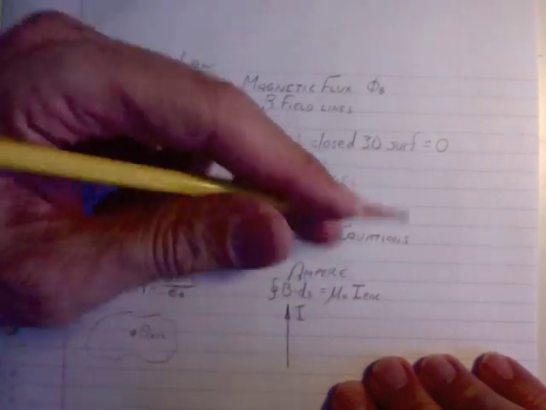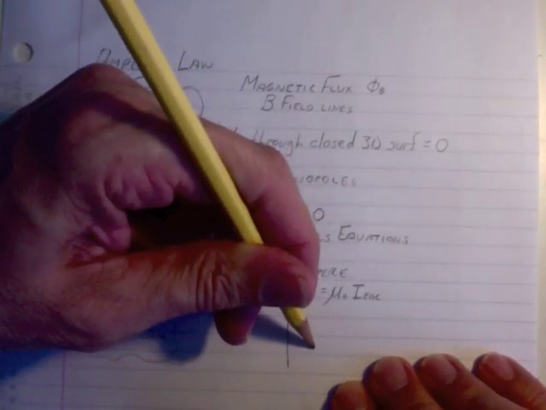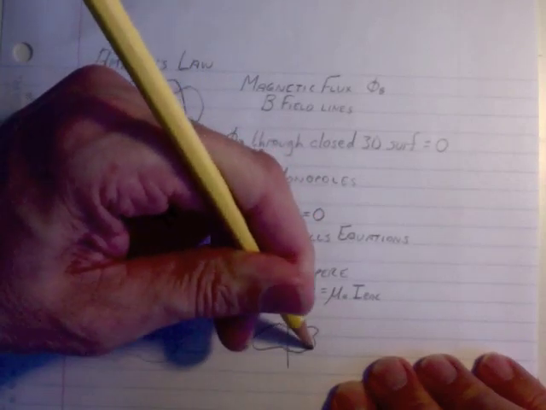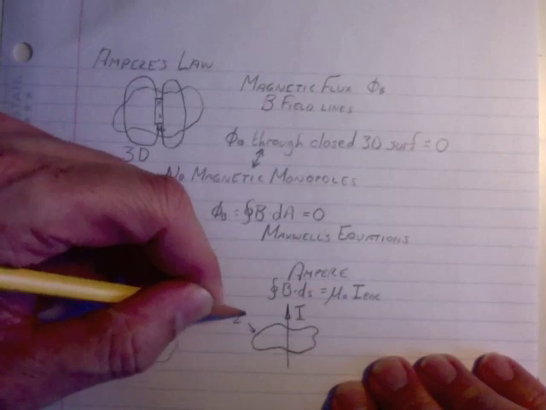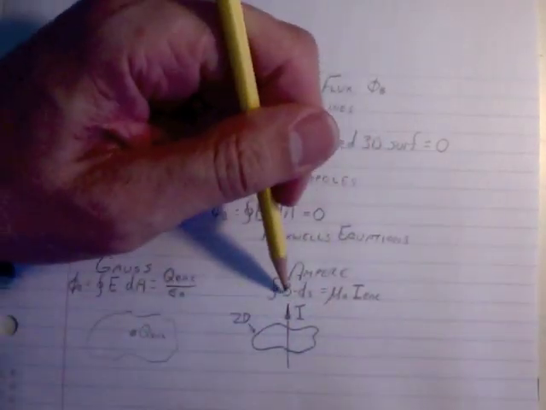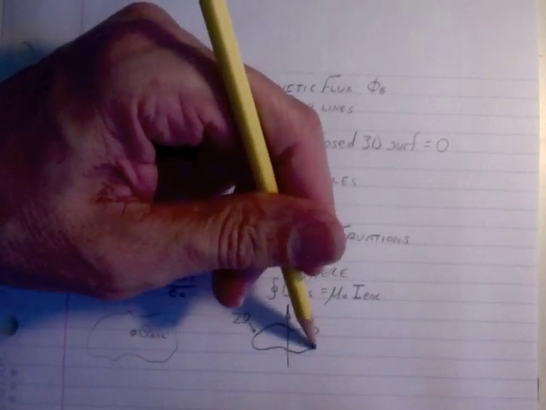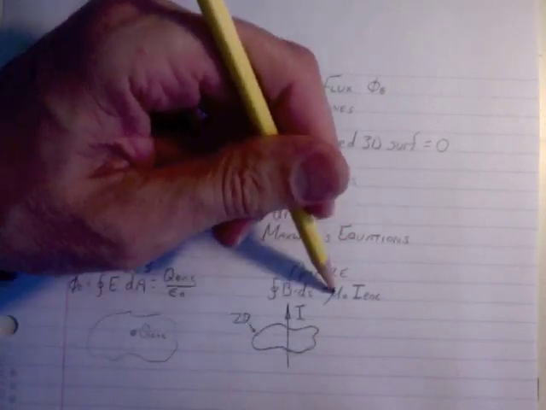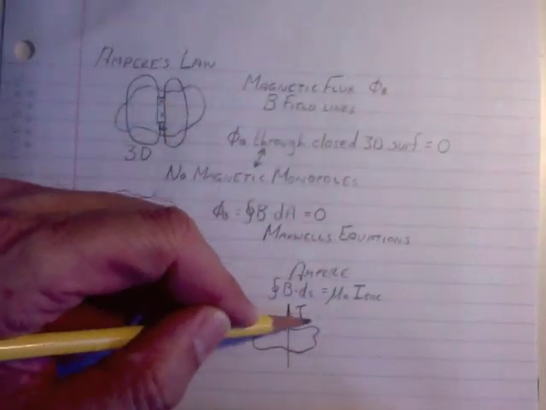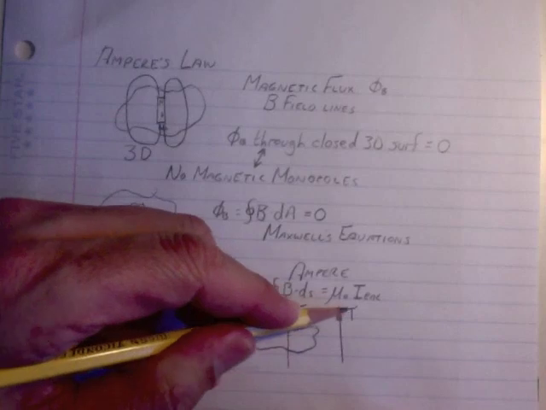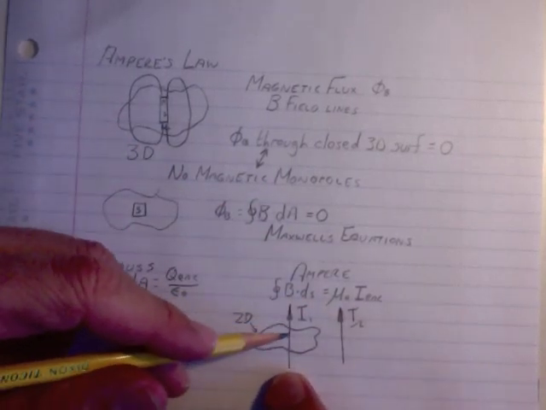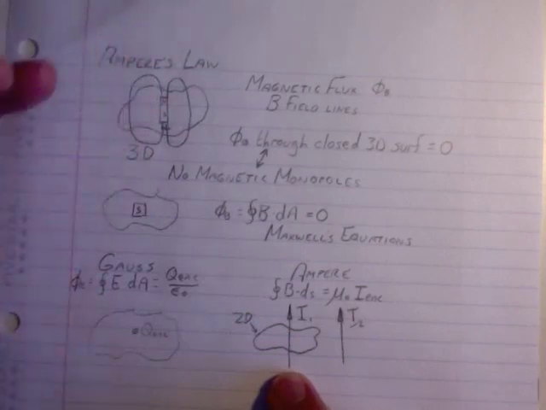If this is my I, if I have a circle around this, if I actually have any kind of shape around it, and this is just 2D, then the magnetic field integrated with ds all the way around there is going to equal mu 0 times the I through the middle. Okay, so if this is I1 and this is I2, we don't care about this one. We only care about the one that's penetrating, that's going through the center there. And that's my I enclosed.